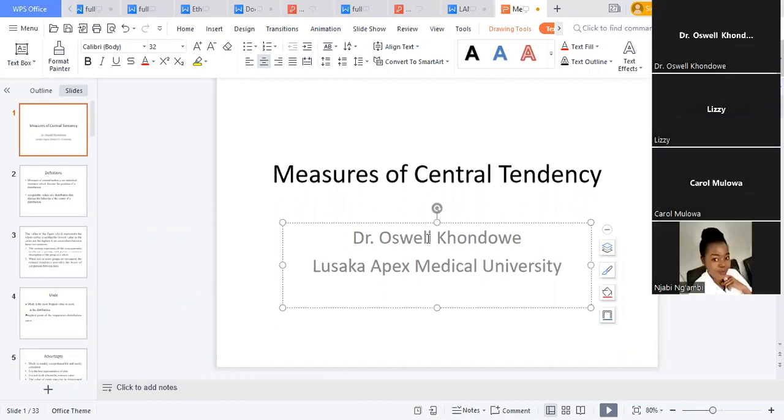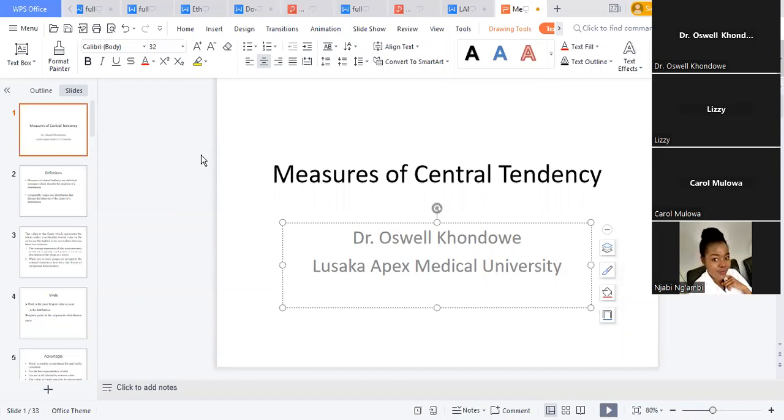Today we are looking at measures of central tendency. In quantitative research, we deal with numbers, and because of that, we must be able to analyze those numbers and find sense out of them.